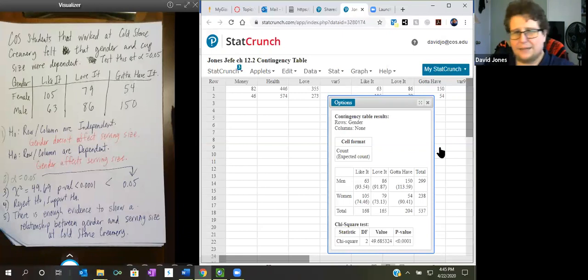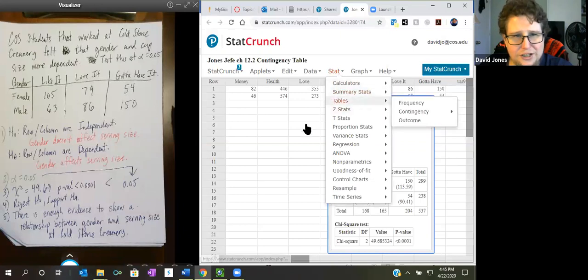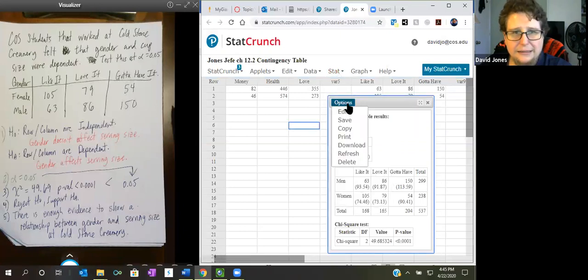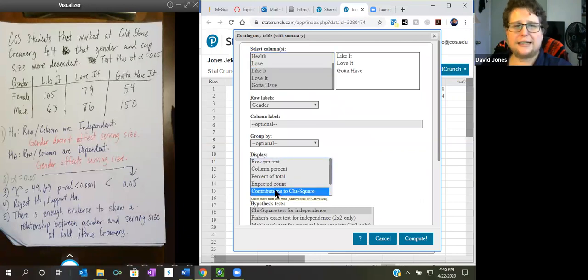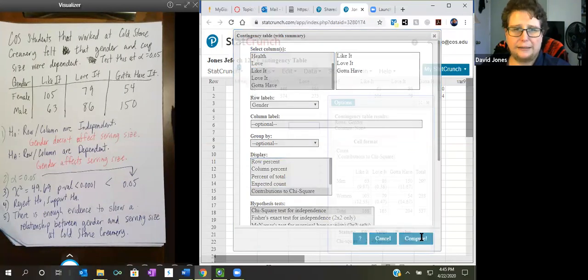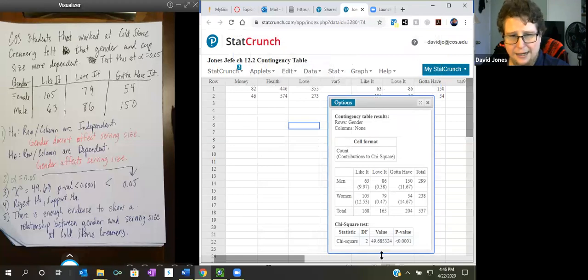If you want to see something else, there's another option in this thing. Let's just edit this one. The percent, contributions to chi-square. I told you about it. When they ask you about it, see chi-square is 49.69.